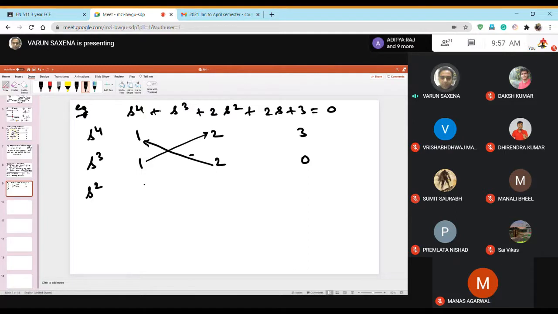So that is basically 0 divided by 1, which is 0. So this is a 0, and then on this side you get basically a 3, and then you have a 0. Now you encountered a 0 in the first element of this row. The problem with 0 coming over here is that if you were to evaluate the coefficient of S1, it will be 0 into 2 minus 3 into 1 divided by 0.